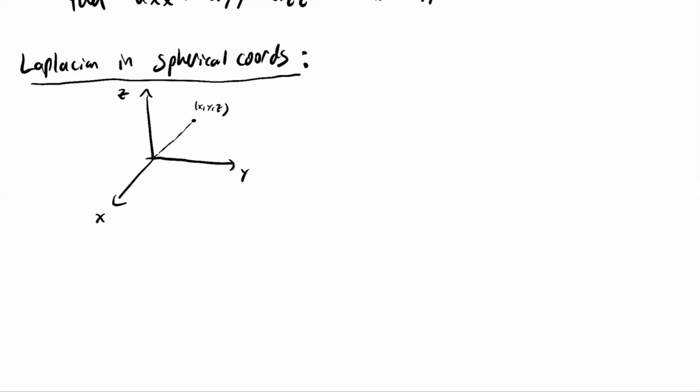Well, spherical coordinates are usually described as some parameter r, which is the length of this vector, and then 2 angles theta and phi. Right, so r is going to be the length of this vector, so it's the square root of x squared plus y squared plus z squared, right?